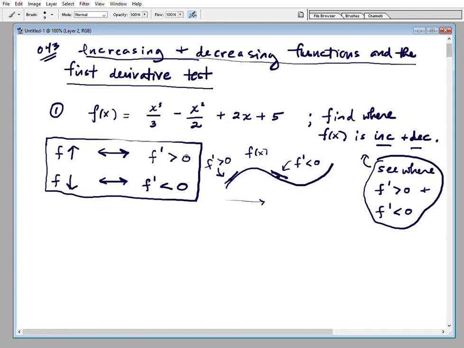Okay, so what we want to do is we want to see where f prime's increasing, where f prime's decreasing. In fact, let me make myself a note about that. All right, so all we have to do first, take f prime to start with.